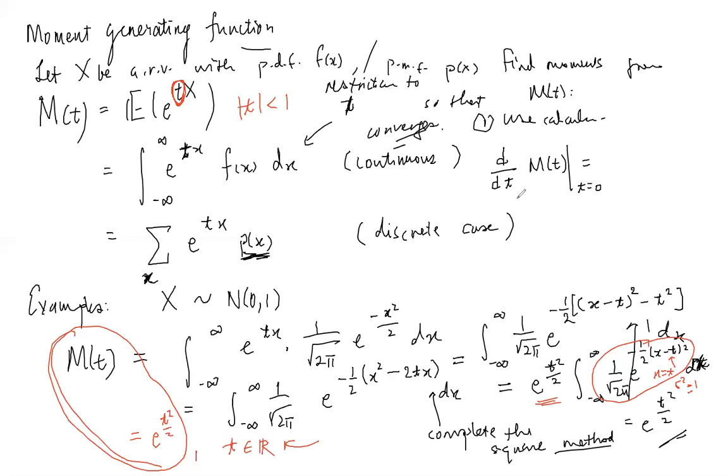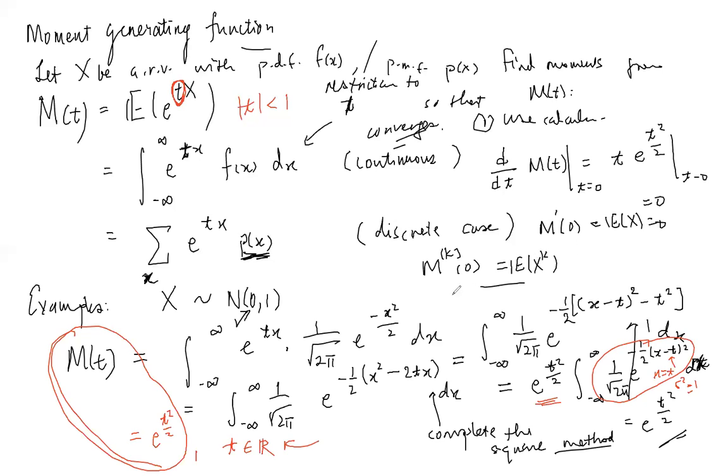You differentiate this, you get t e^{t^2/2}, set to 0, so this is 0. This is the first moment, of course, because this is standard normal so its mean is 0. Generally, if you differentiate k times, this will be the k-th moment, and you can keep on doing this.